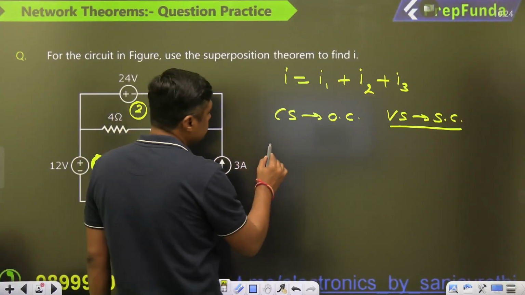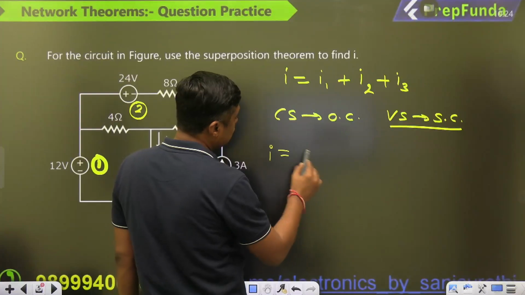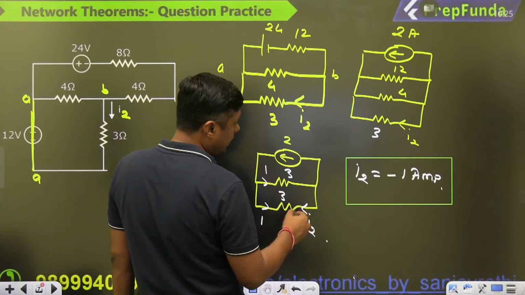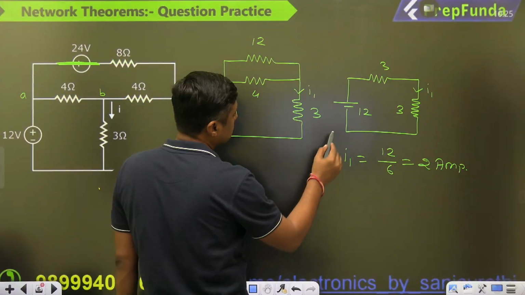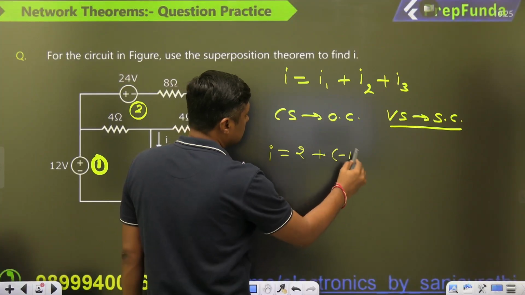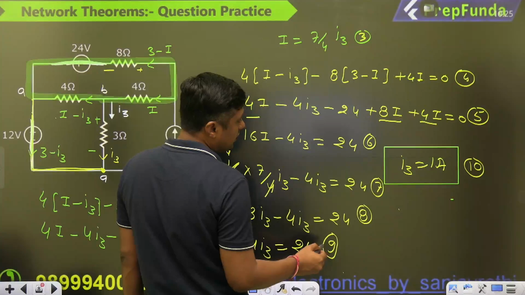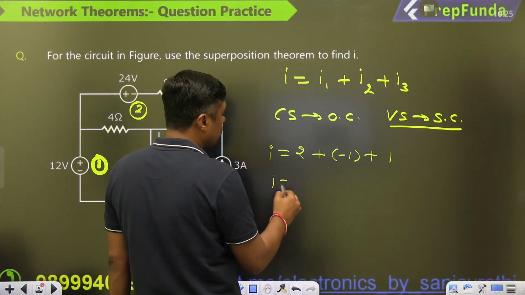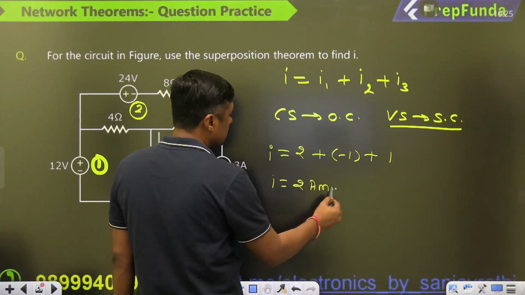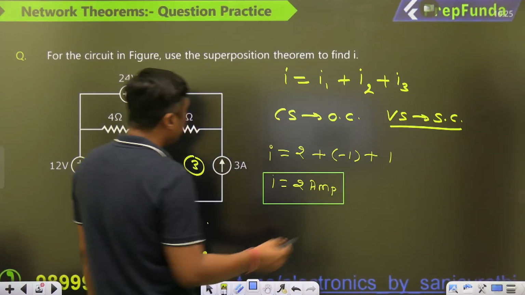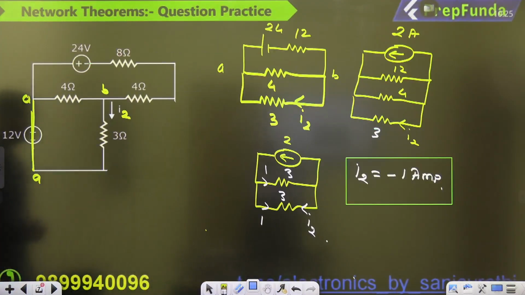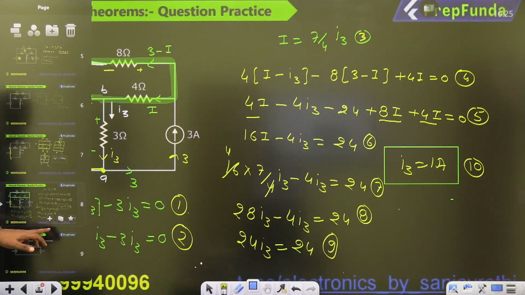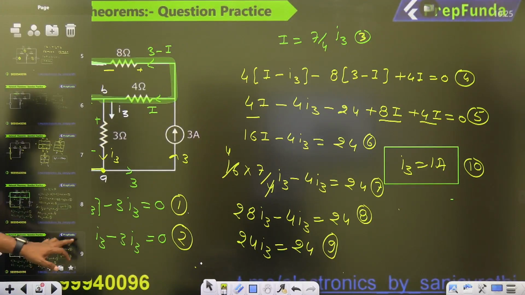I is equal to first 2 ampere, I2 is equal to minus 1 ampere, and I3 is equal to again 1 ampere. This 1 cancels, and the answer is 2 ampere. Now if you want to solve this question by mesh analysis or nodal analysis, it will become very easy. We can easily solve this type of question and get the answer in one step.